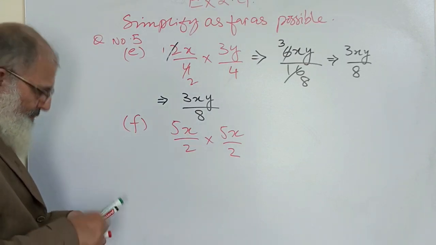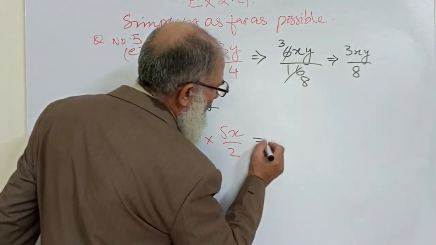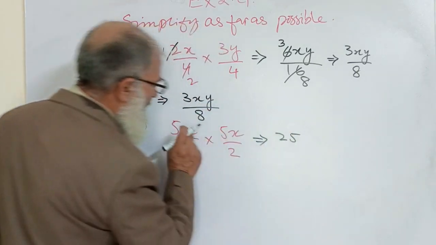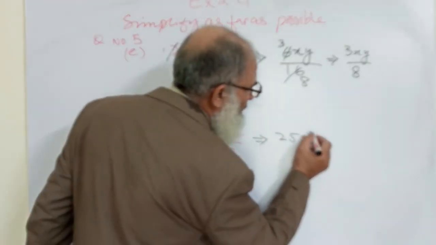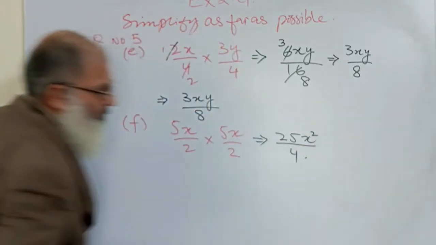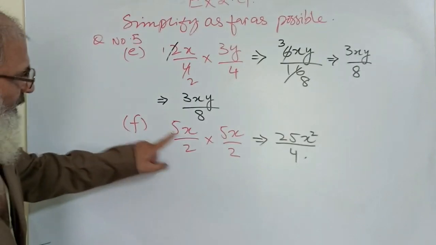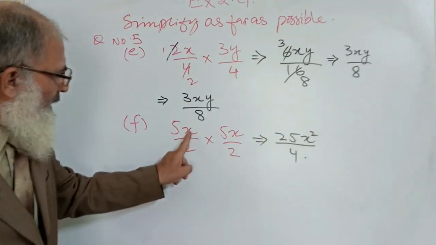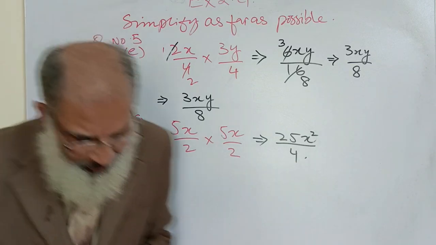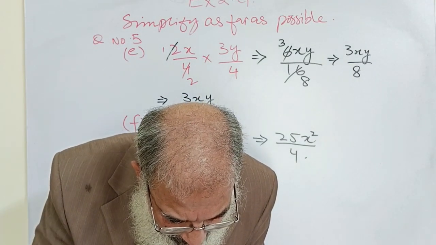Very simple, piece of cake. 5 times 5 is 25, x times x is x squared, 2 times 2 is 4. So the answer is 25x squared divided by 4. F is done.